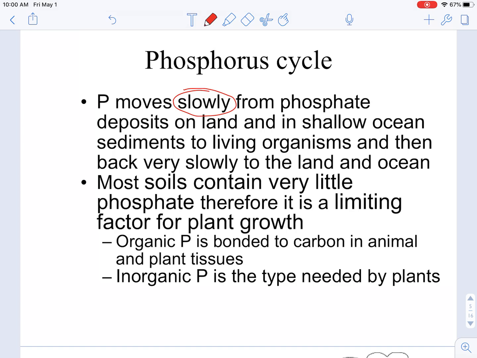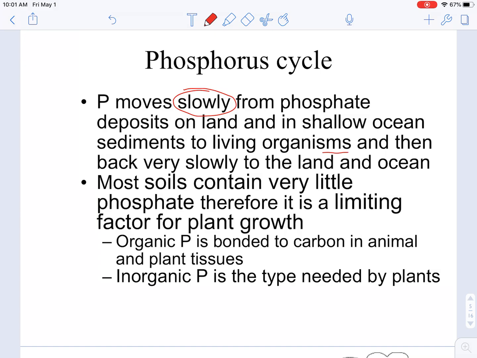That is going to play a very critical role here in the phosphorus cycle as well. So what you can see here is that it moves very slowly from on land and shallow ocean sediments.